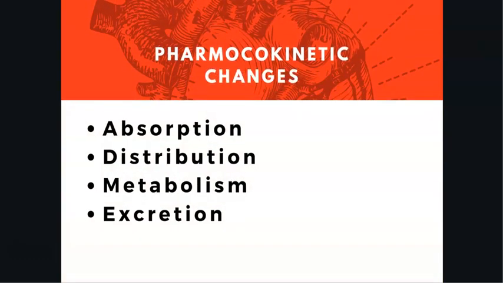Again, absorption is not dramatically different in older adults compared with younger ones. With distribution, there are increased fat stores and decreased body water and serum albumin. For metabolism, they have decreased hepatic blood flow. For excretion, they have decreased renal mass and glomerular filtration rate. So serum creatinine is an unreliable marker of renal function, so don't depend only on that.